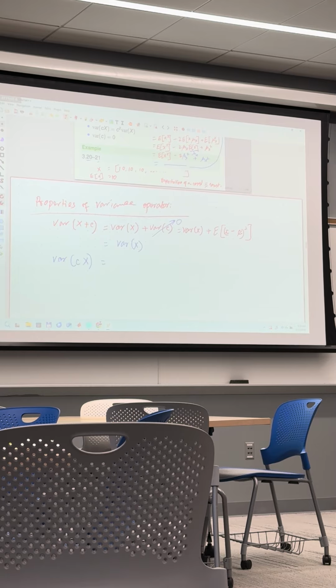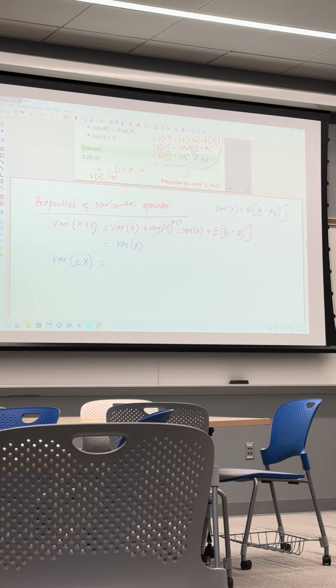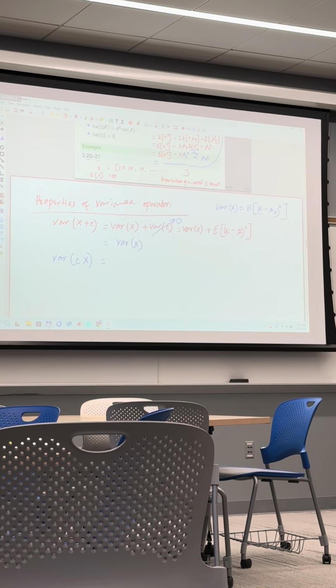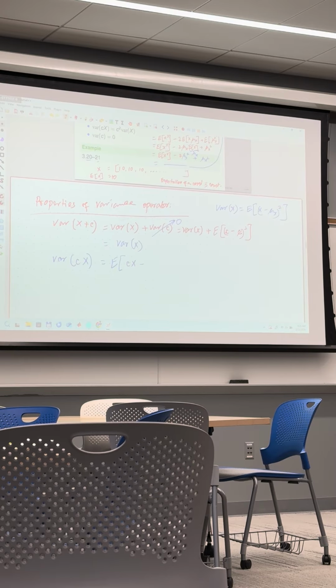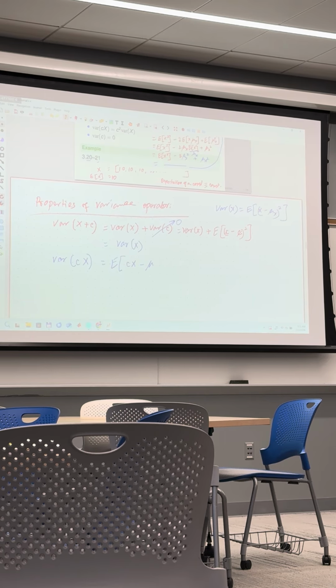By definition, variance of x is expectation of x minus mu sub x squared. So put this in the formula. Replace x with cx. So we have expectation of cx minus mu sub x instead of x. Instead of x, we have cx.